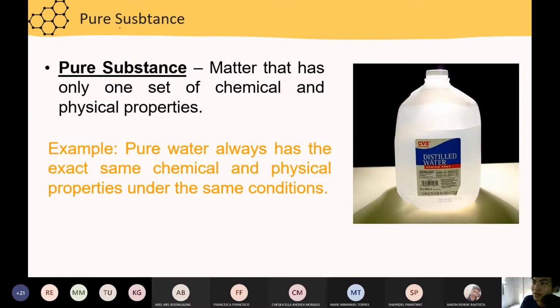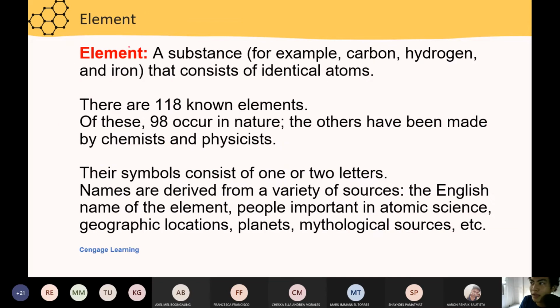So, matter. For pure substances, we are talking about the same elements or same compounds that have a specific set of chemical and physical properties. Then elements, there are 118 of them. Later on, we'll take a look into that.